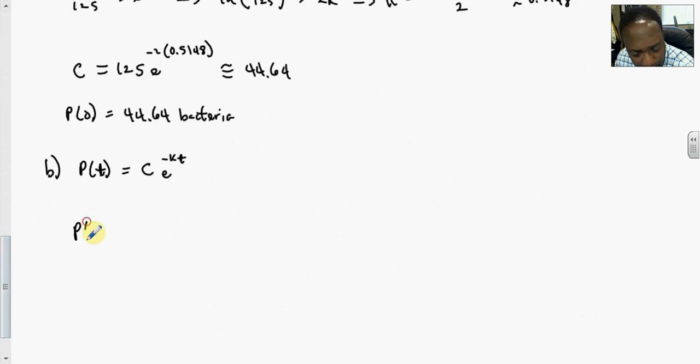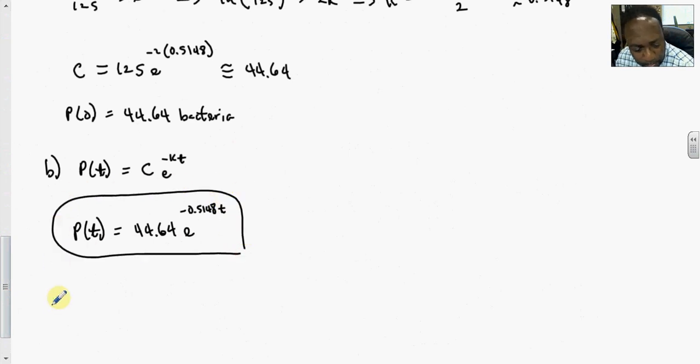So that is P of t is equal to 44.64 times e to the negative 0.5148t. That's the model.